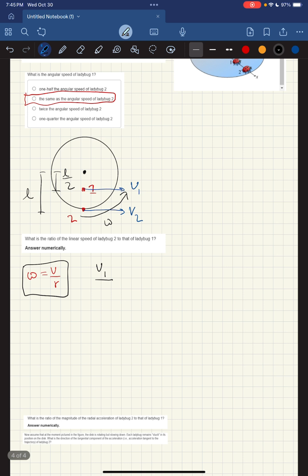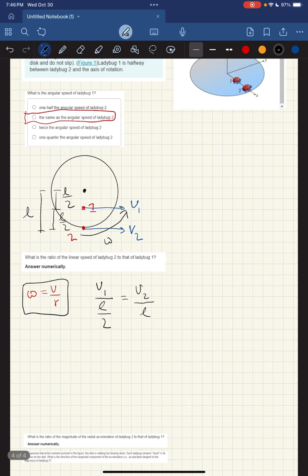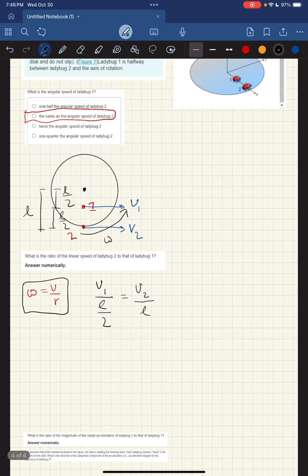So the r value for ladybug 1 is L over 2, equal to v2 over L, because ladybug 2 is at the edge of the disk, and we'll just say that's L. Solving this out, we get v2 is equal to 2v1.